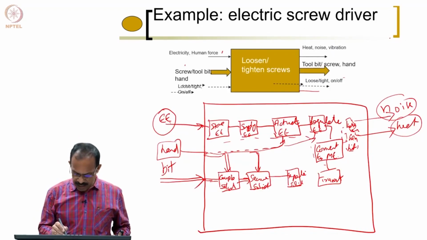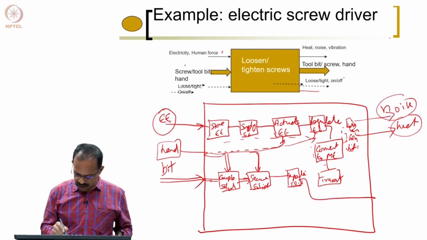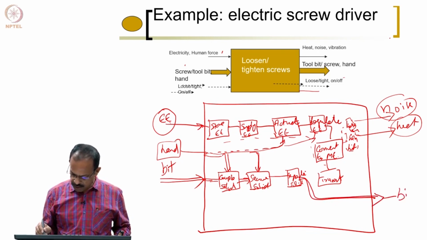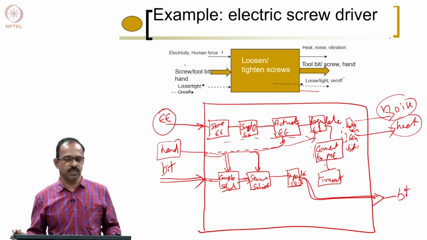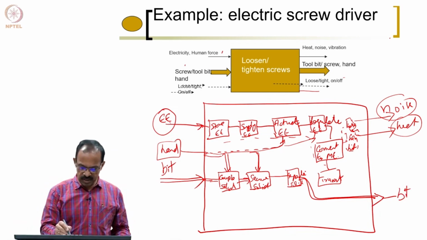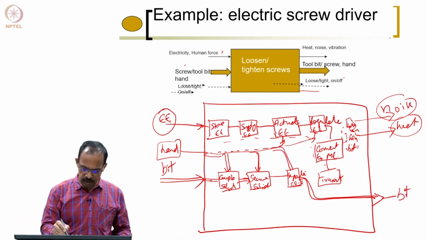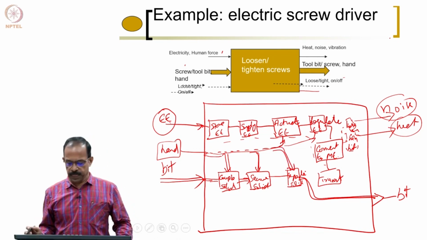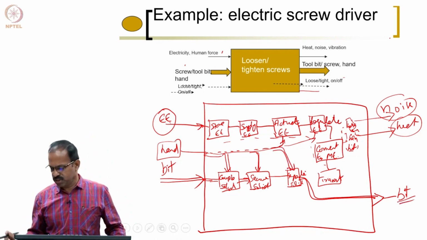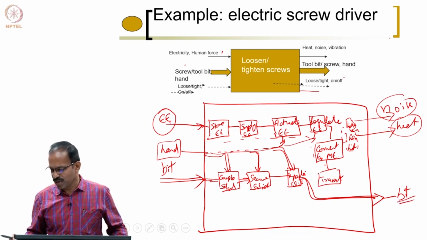Separate solid, and then the solid will actually go out. So, you get the tool bit coming out, because it is already separated from the machine, and again you need the human hand to do this. This is the way the bit comes out. Your tool bit is coming out after separating from the machine.